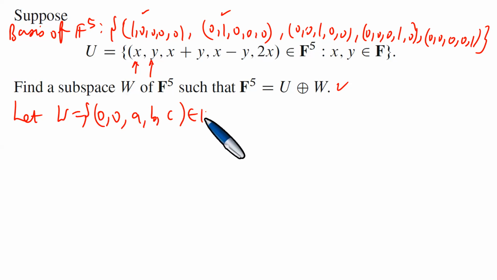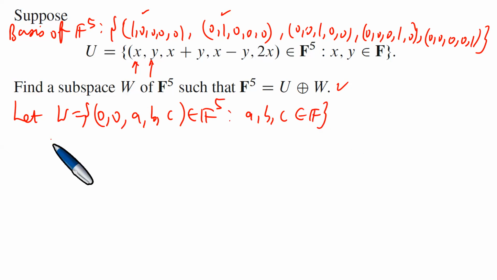So obviously these are in F5, such that a, b, and c are members of the field. But you need to prove that.